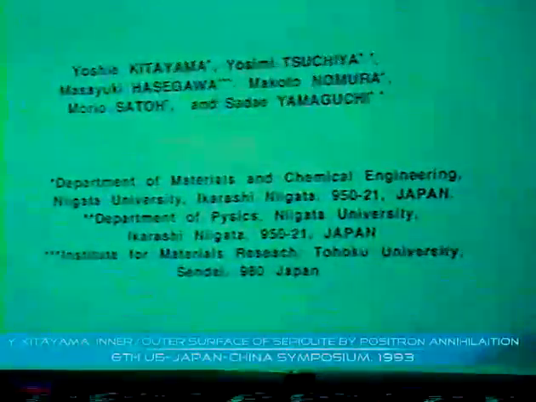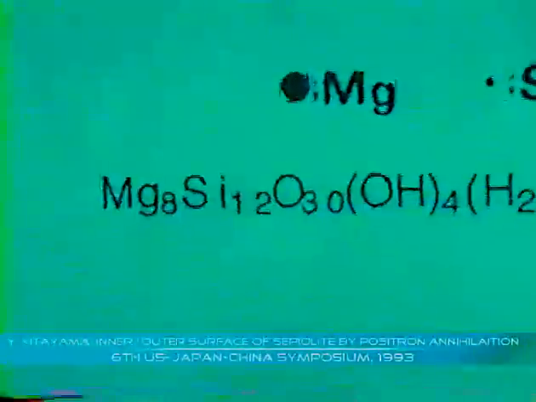First, I talk about crystal structure and thermal properties of Sepiolite. Sepiolite has anisotropic intracrystalline tunnels. Sepiolite is magnesium silicate fiber, and the ideal formula is indicated in this form.